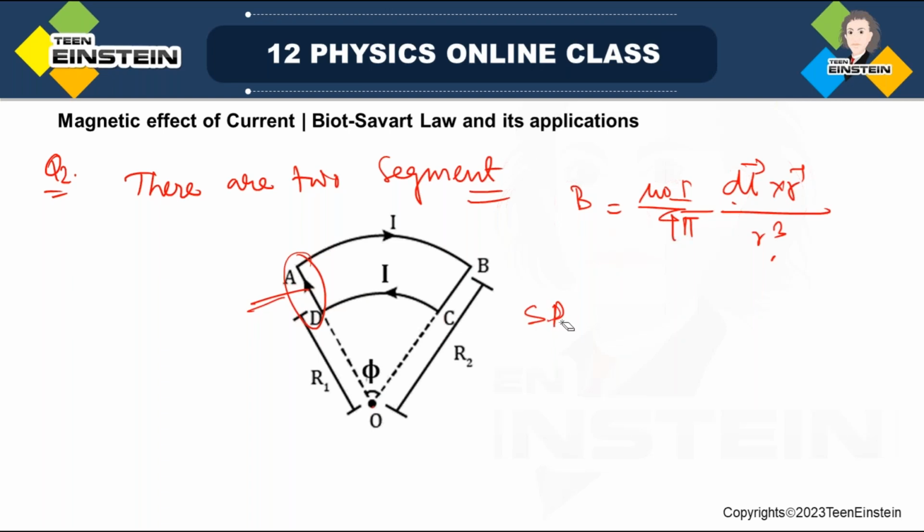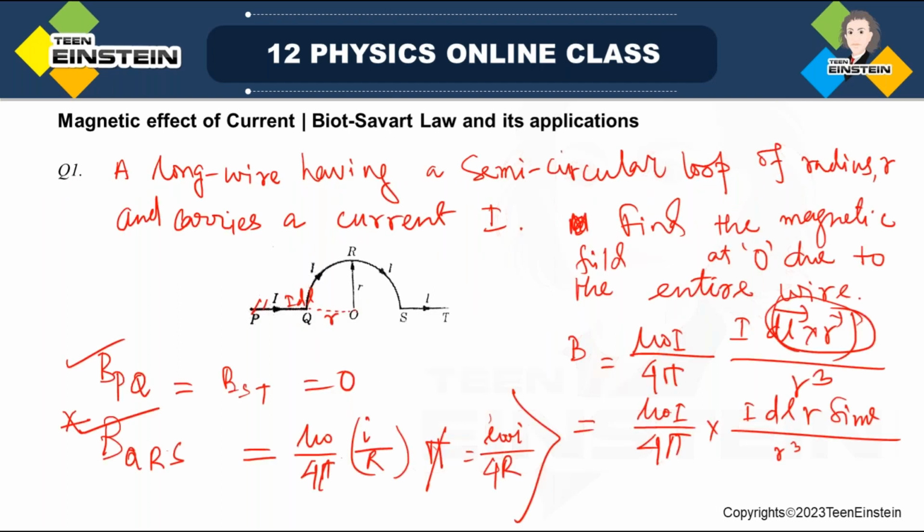Now let us find the magnetic field due to the arc of radius r1. So how do we get that? What was the expression we found for this one?